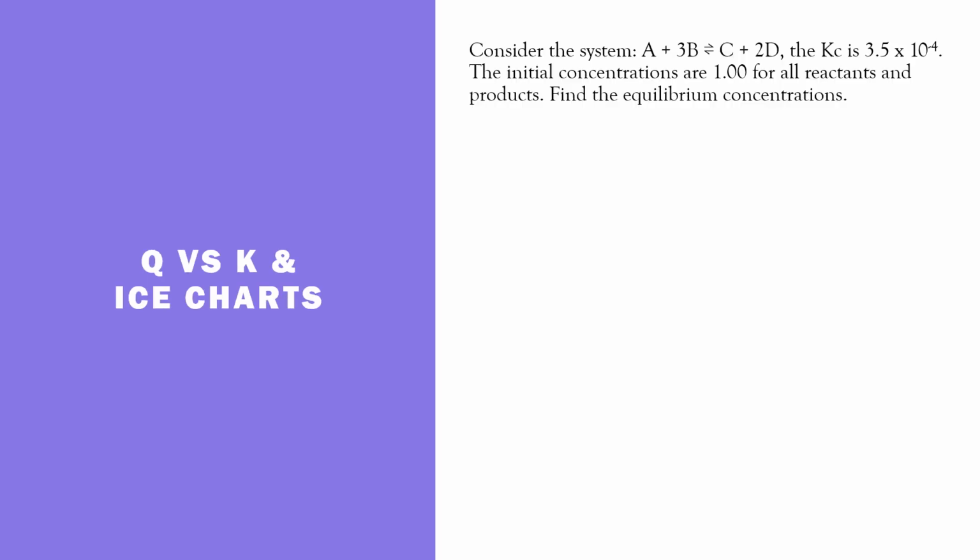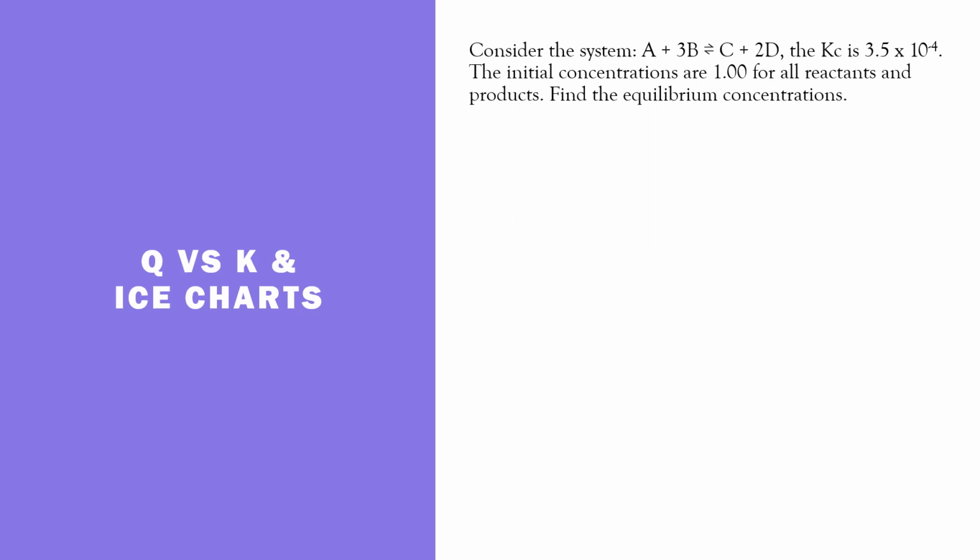Okay, so let's look at this problem and see how it applies. We have a fake reaction, and the Kc value is 3.5 times 10 to the negative fourth. They give you the initial concentrations as 1 for all of the reactants and products, and we're finding equilibrium concentrations.